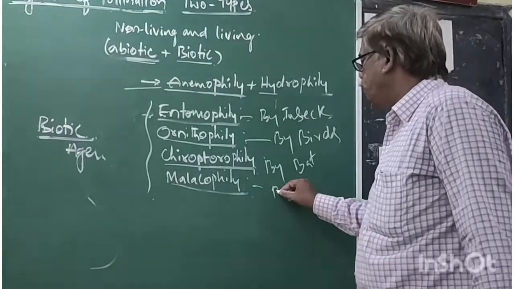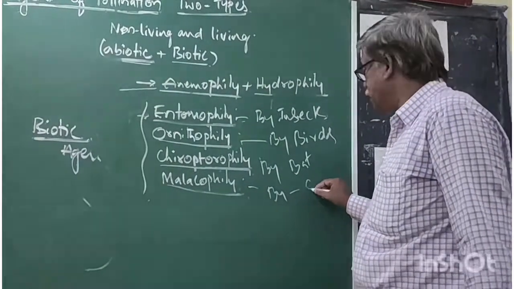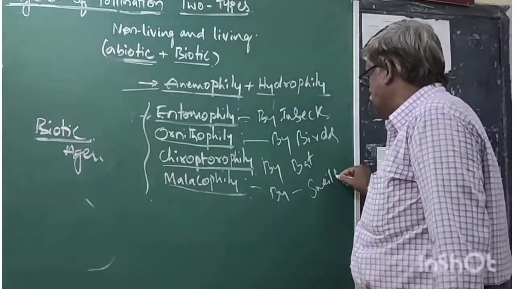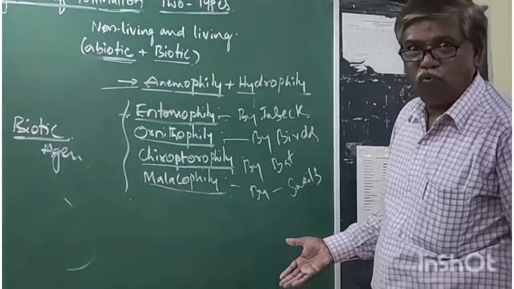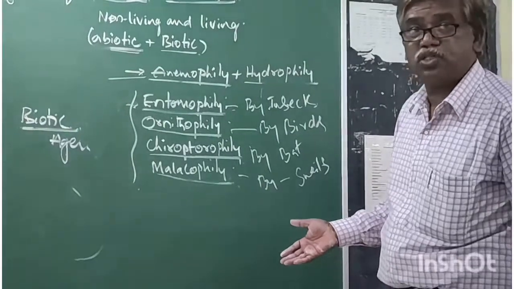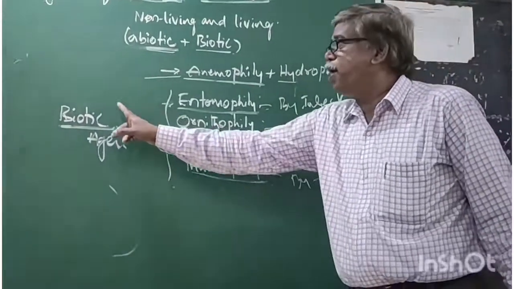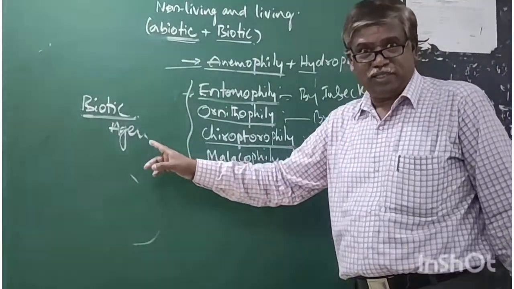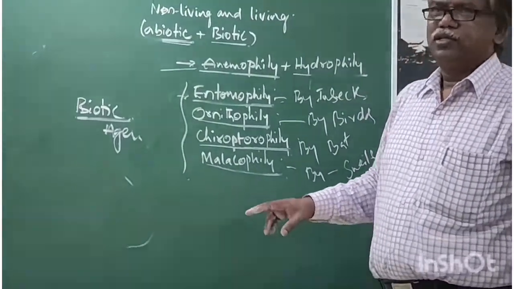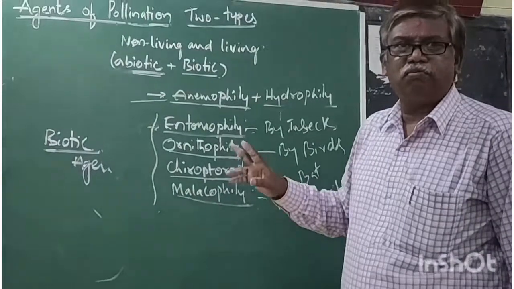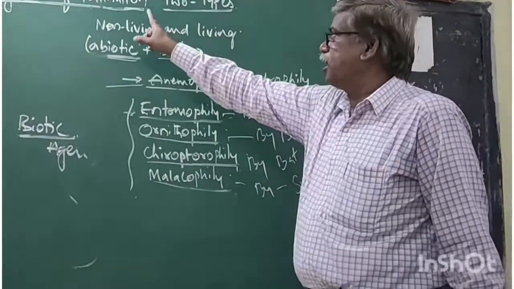Malacophily, if it takes place by snails, mollusca. So these are all four types of biotic agents which help in pollination. There are many types, but majorly two types, right? Non-living and living.